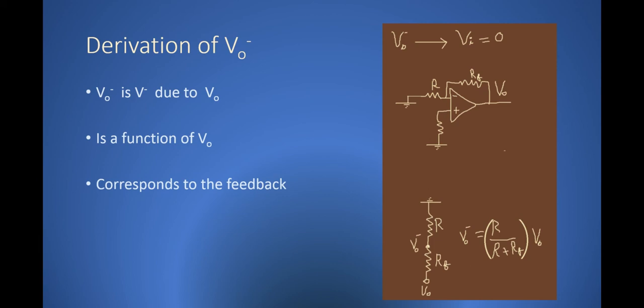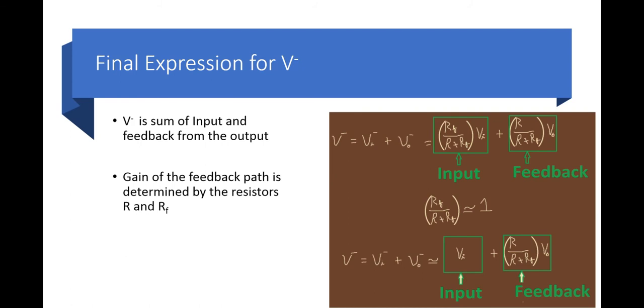So now we can combine these two terms, Vi minus and V naught minus, to find the complete expression for V minus. And this is what you can see here. So V minus is the sum of the input and the feedback from the output.